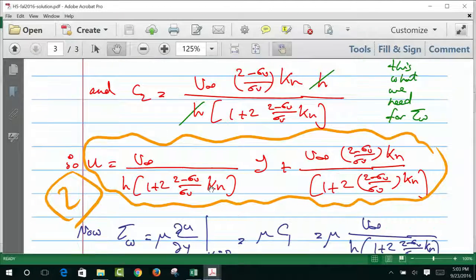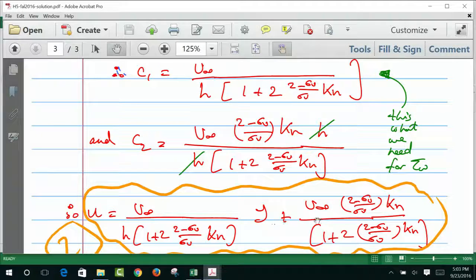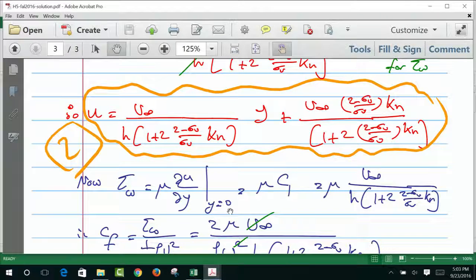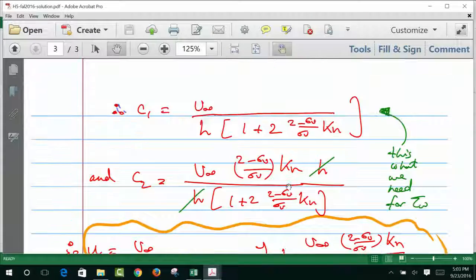And what is the velocity profile again? U is, remember, C1 y plus C2. Here is the C1 y plus the C2. We are done with our velocity. What does the problem ask for? Shear stress at the wall. So we need partial u partial y at y equals 0. Actually, the partial u partial y was C1.